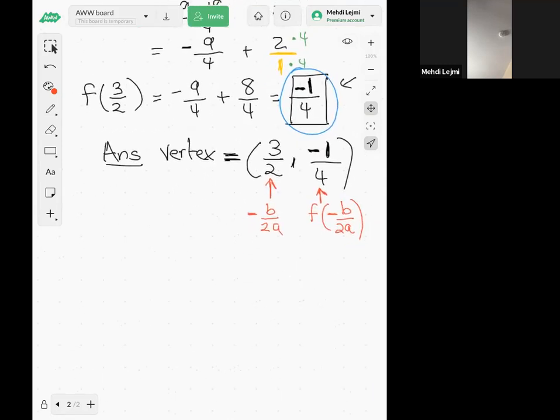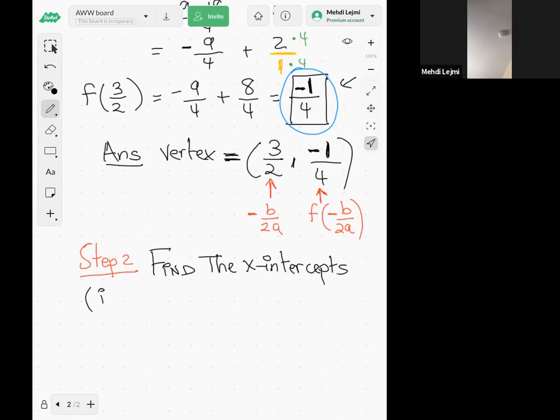So step two. So we have to find the x-intercept. Remember, guys, the x-intercepts are the intersection of the graph with the x-axis.